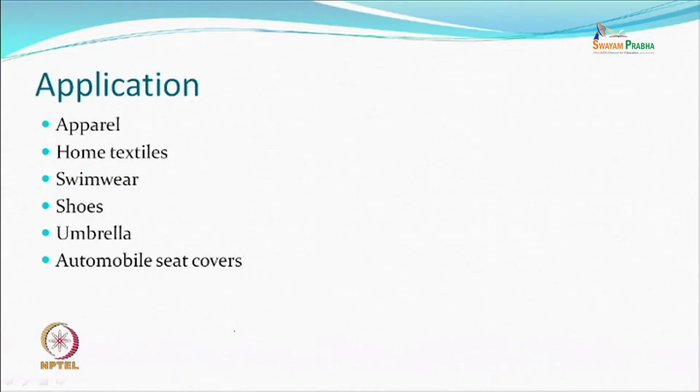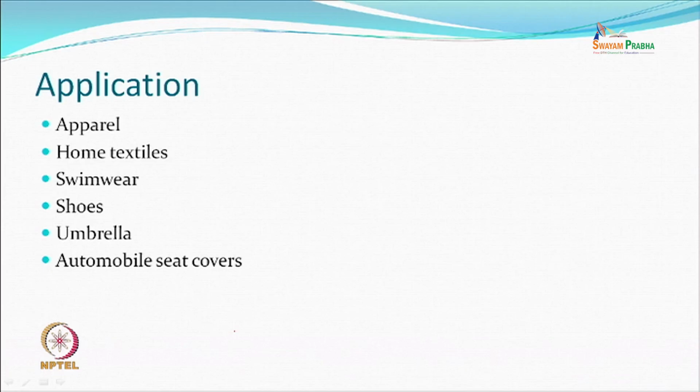So any application where polyester is being used, one can use it, but people have found apparel anyway. Home textile is a very popular area where various kinds of designs can be printed. Personal items like swimwear, if people are looking at digital printing, come in handy.